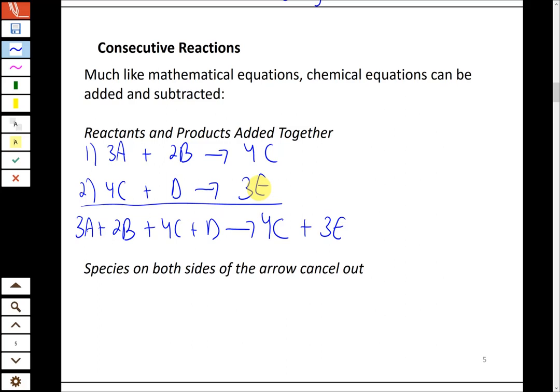Now, when you're doing this, in the way that we're going to do it for calculating delta H, you have to make sure of something. What you're often going to have, or pretty much always will have in the context that we'll use it, is something on both sides of the arrow. We see here that we have 4C on the left and 4C on the right. Something that forms in one equation, 4C formed in equation 1, and then 4C reacted in equation 2, that substance is called an intermediate.